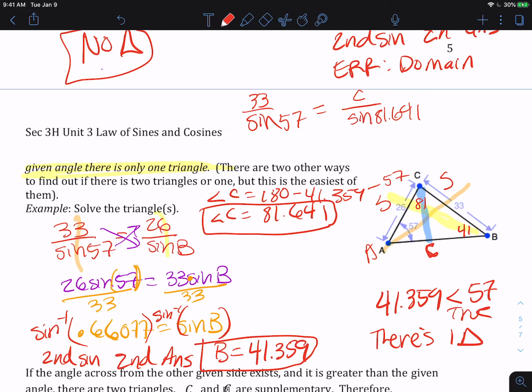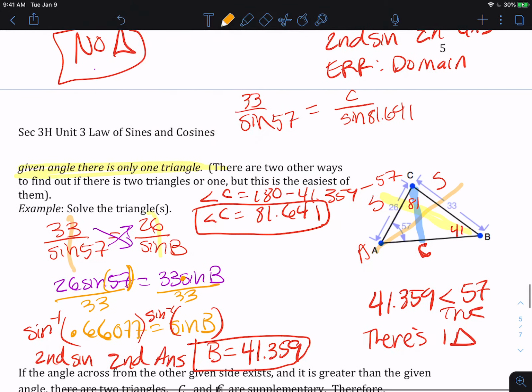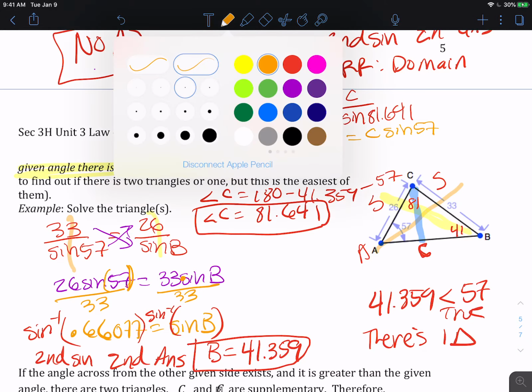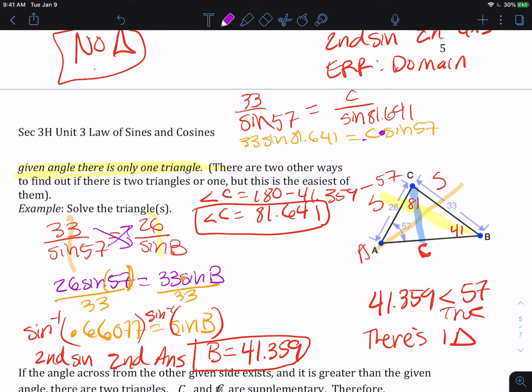Okay. So again, I'm going to cross multiply. When I cross multiply here, we get 33 sine 81.641 equals C sine 57. And this time we're trying to get C by itself. If I want C by itself, I want to undo the multiplying by the sine, so I'm going to divide by sine of 57.